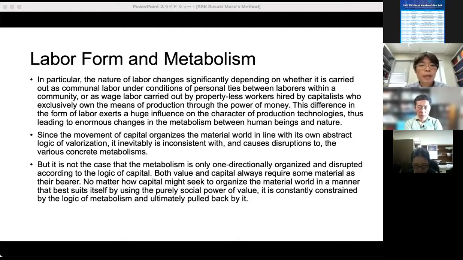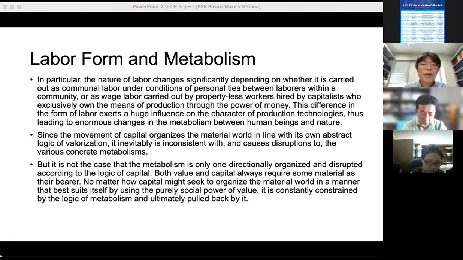Since the movement of capital organizes the material world in line with its own abstract logic of valorization, it inevitably is inconsistent with and causes disruption to the various concrete metabolisms. But it is not the case that the metabolism is only one-directionally organized and disrupted according to the logic of capital.